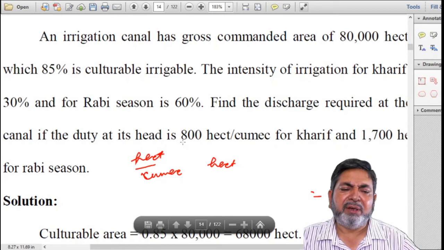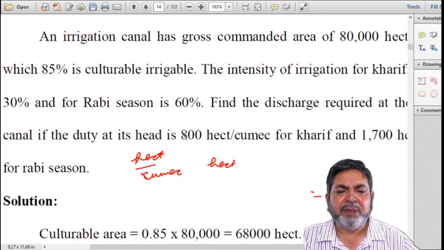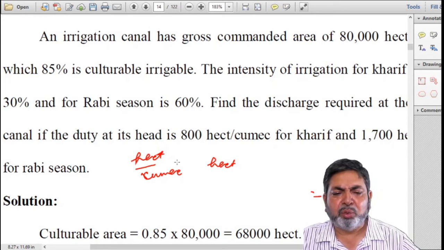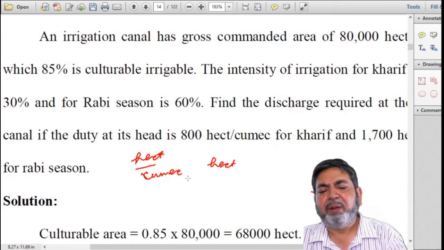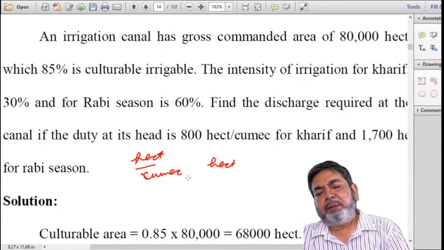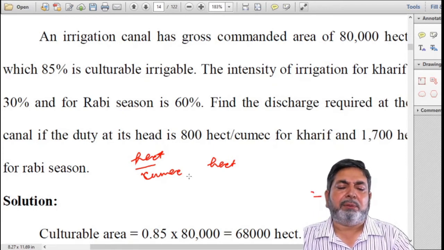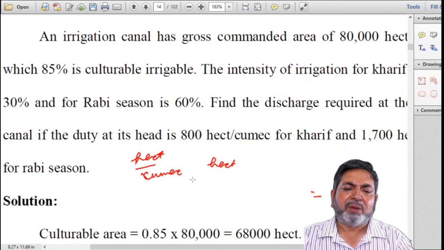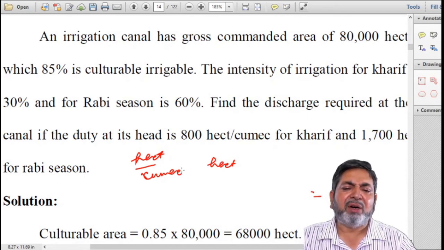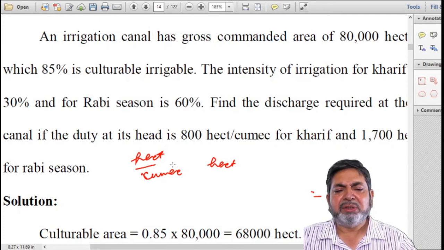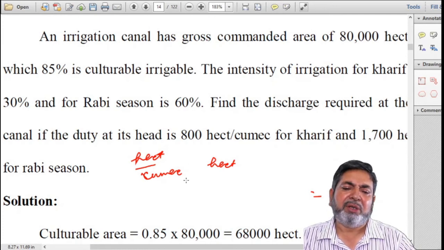We have been provided in this problem the area of the land and the duty for the season. So with these two quantities we can find out the discharge. We have to find out the discharge here. So discharge will be area upon duty.